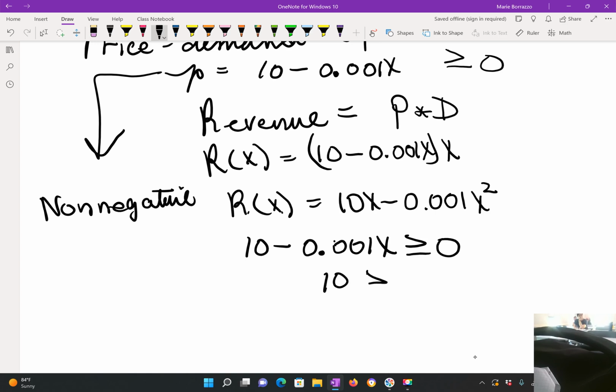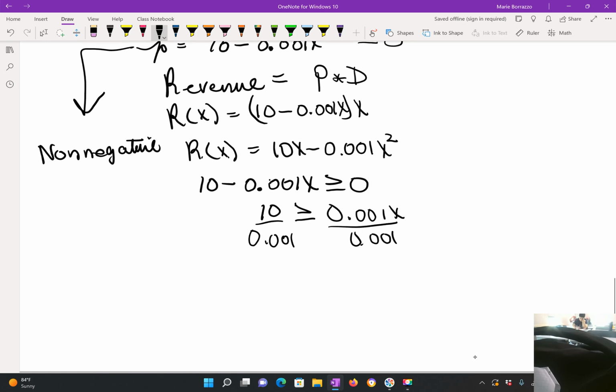So I have 10 greater than or equal to 0.001x. And then you're going to divide by 0.001 on both sides. And then you're going to get your X, which in this case is going to be less than or equal to 10,000.